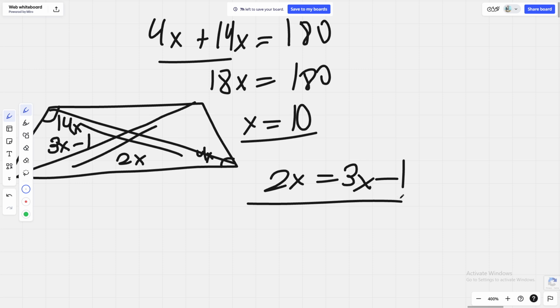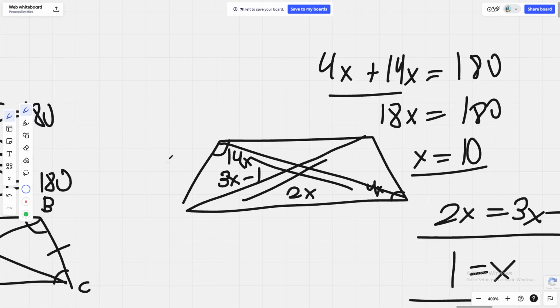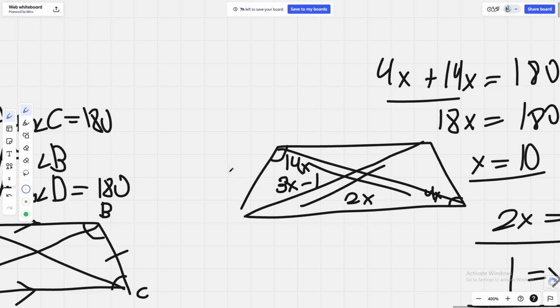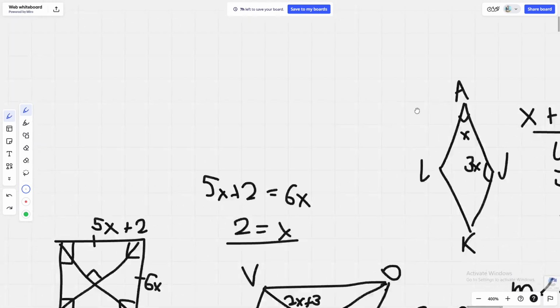So simplifying this, we get 1 is equal to x. And for the legs, for example, if we have a length, then it should be the same length here. So that should be equal. And for consecutive angles on the same base, they should also be equal.